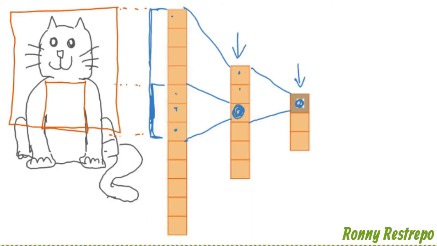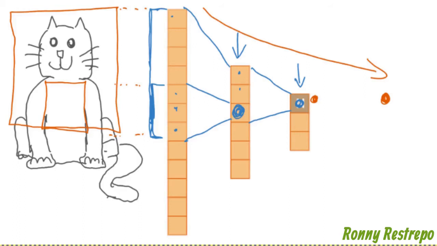Okay, so we see that this node over here has got a much better idea about what's going on in a much larger area of the input image. And this might be enough for us to be able to determine that there is actually a cat in the scene. So this is part of what makes deep convolutional neural networks so effective at the classification task, because as we travel even further along and we get to the very final layer, these nodes at the very end have got a much larger context and have a better view about what's going on globally in the image.